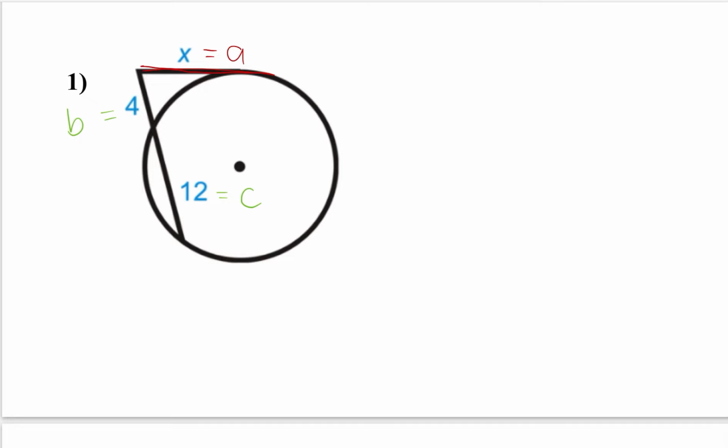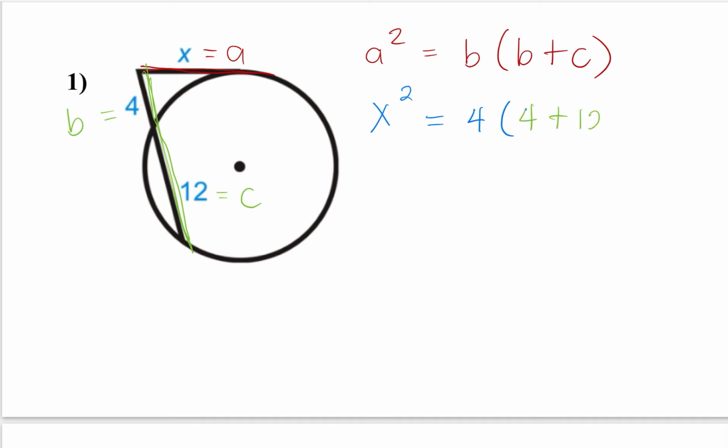Let's substitute this to the formula a squared equals b quantity times b plus c. So a is x squared, b is 4, and then we add the length of the whole secant. So we're going to add these two together. That would be 4 plus 12.